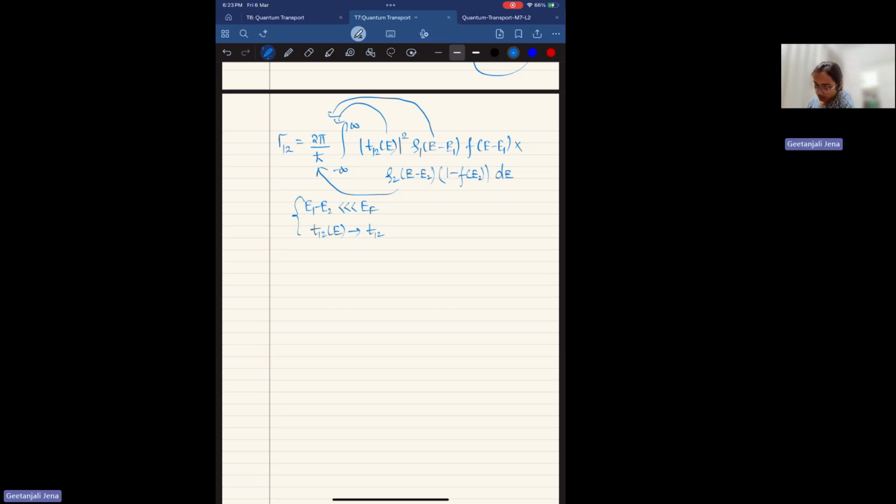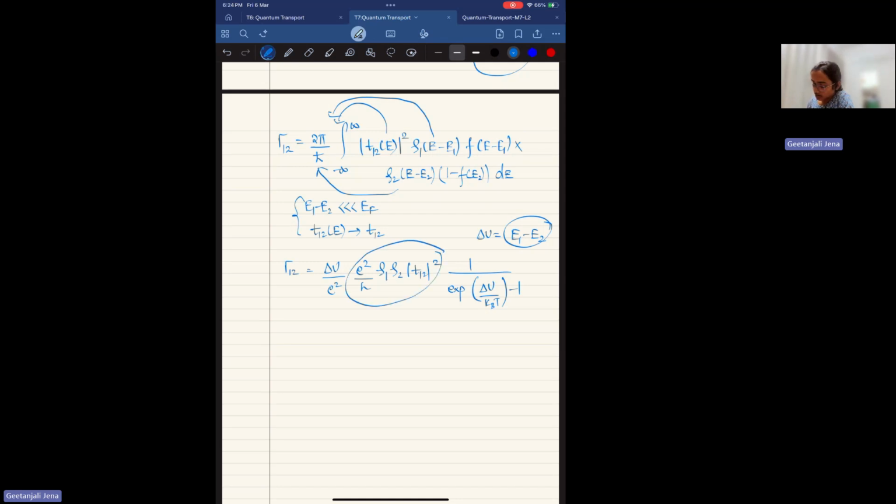So if you do this, we will get gamma 1,2 is delta U by e square by h, rho 1, rho 2, T12 square, 1 over exponential of delta U by kBT minus 1. So delta U is E1 minus E2, the energy difference between source and drain.